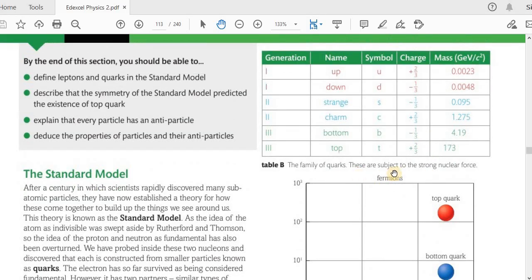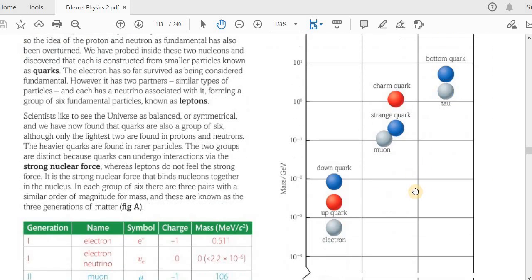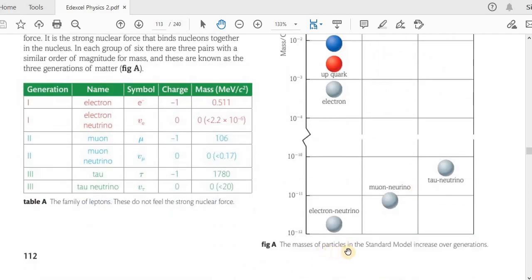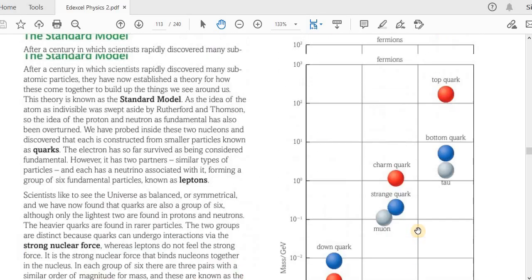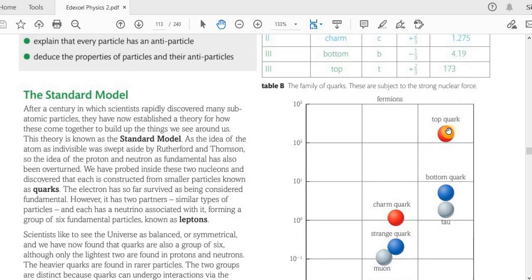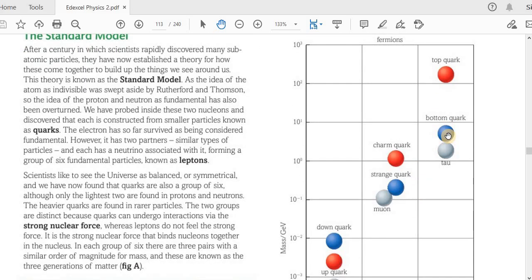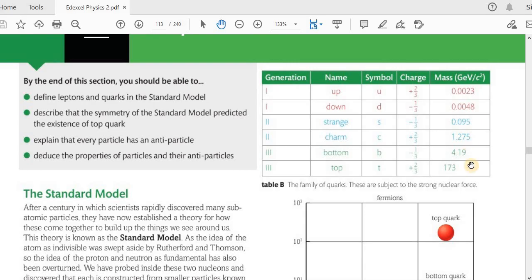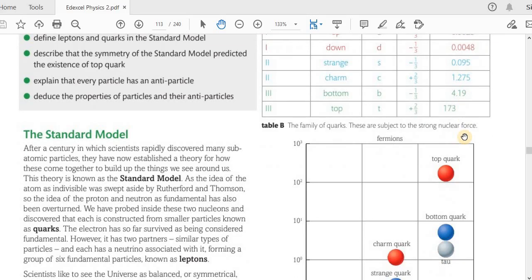The family of quarks, these are subject to the strong nuclear force. This is also important. You should know this. They are subject to the strong nuclear force. Then you can see the masses of particles in the standard model increase over generations. So this is what we saw. See, top quark, bottom quark, and the masses are given here also in giga electron volts divided by c squared. I showed you how to do the conversion.